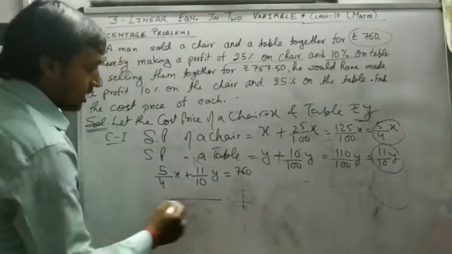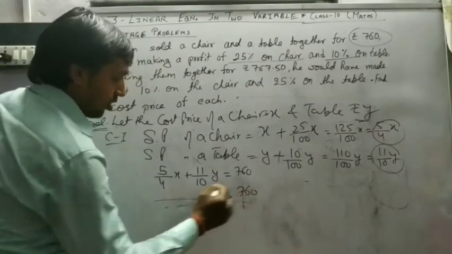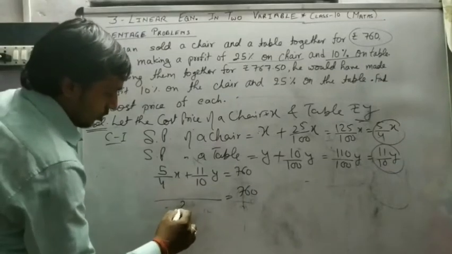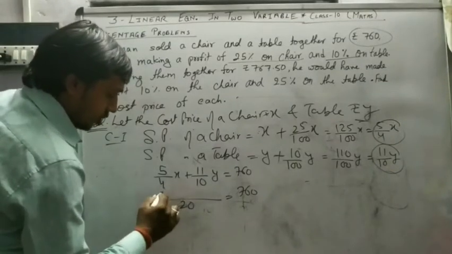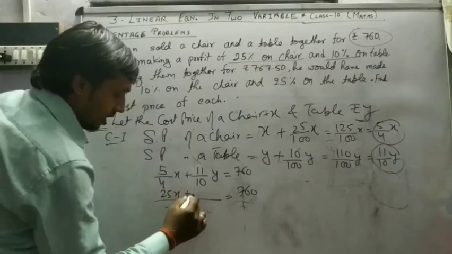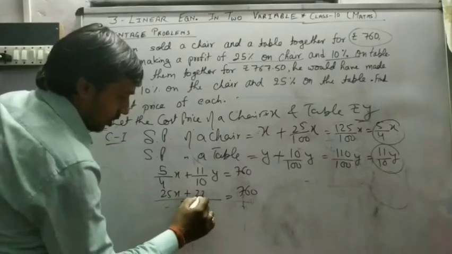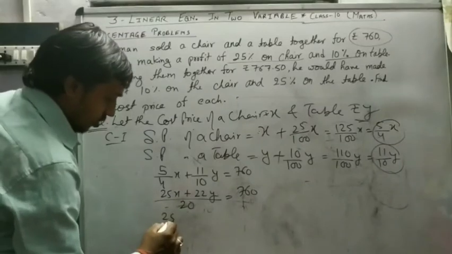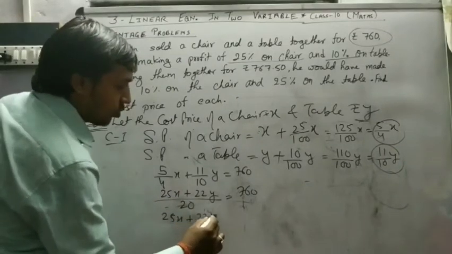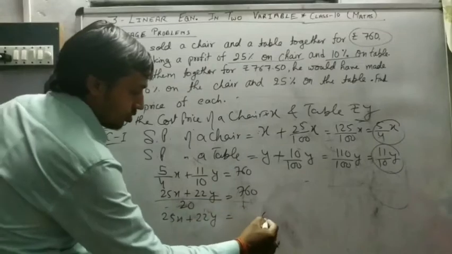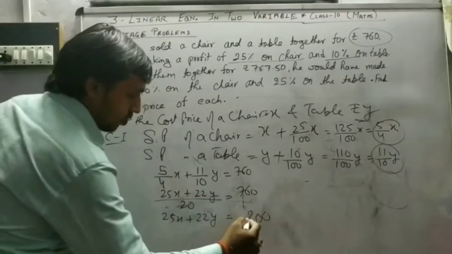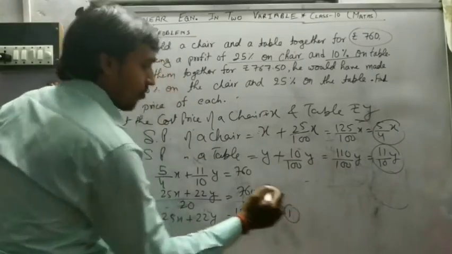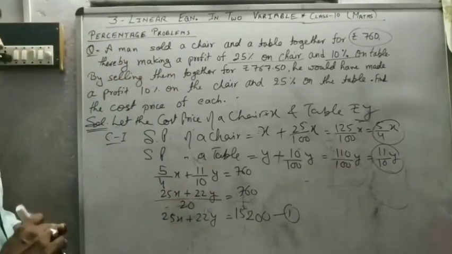You can take the LCM of both 4 and 10. That is 25x plus 22y is equal to 15200.